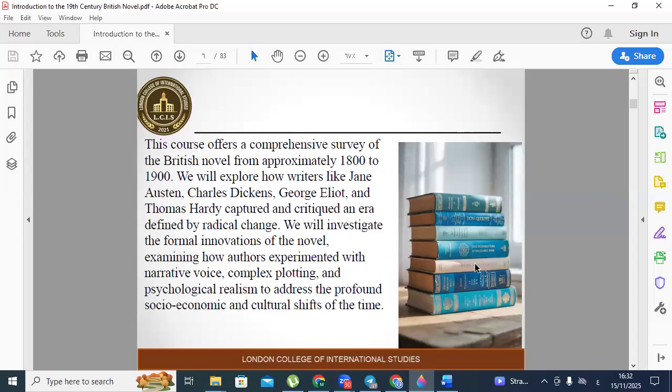The material form influenced how novels were written and read. Understanding the novel means understanding not just the text but the entire cultural apparatus, authors, publishers, readers, librarians, critics, that made Victorian fiction such a powerful force in shaping public consciousness.